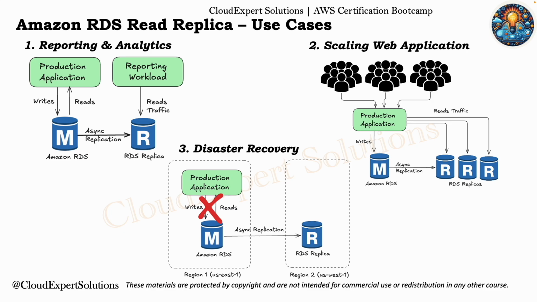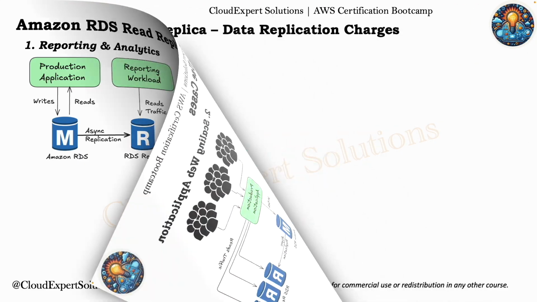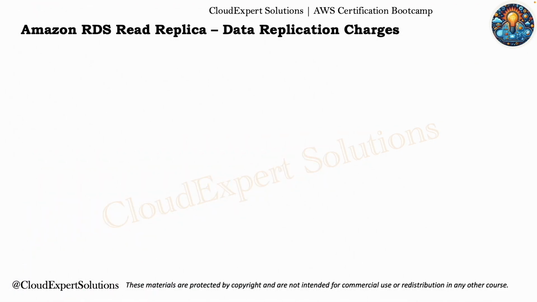To summarize, the benefit of a read replica is your production application will always be unaffected no matter how big your read traffic is. With an Amazon read replica, as Amazon is replicating the data across your read replicas, there is a charge involved. Now let's review the data replication charge.